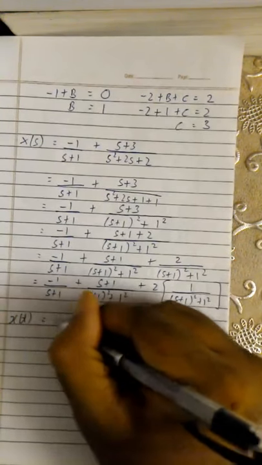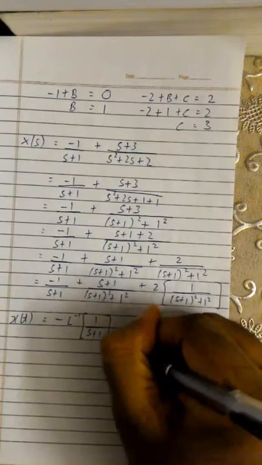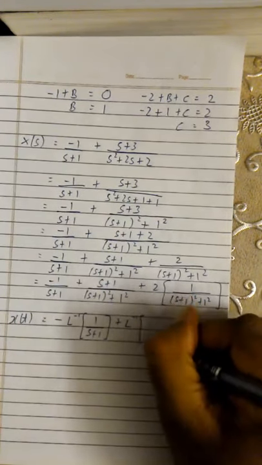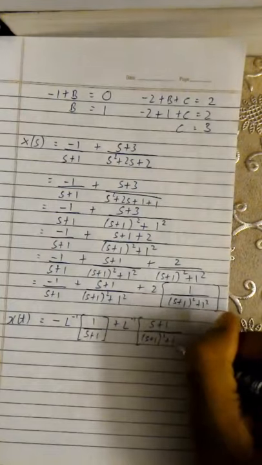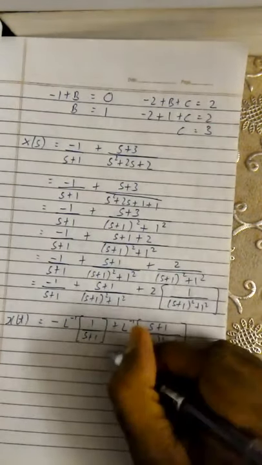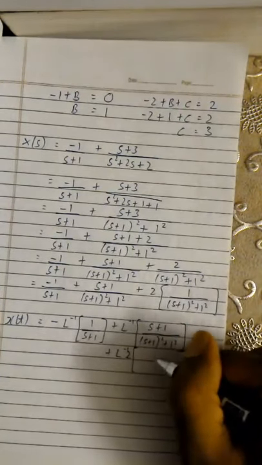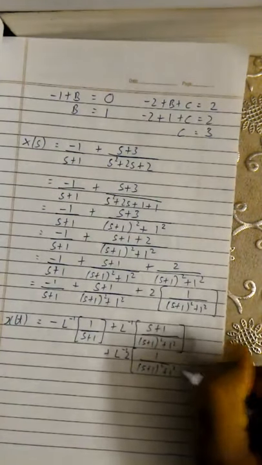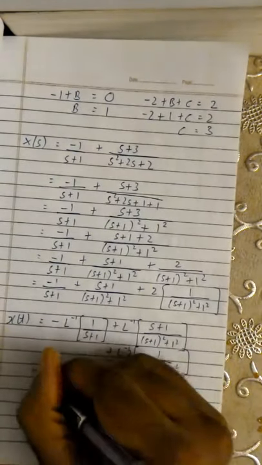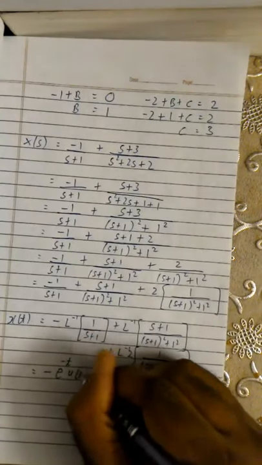So now if I take the Laplace inverse, this will become the Laplace inverse of 1 by s plus 1 plus the Laplace inverse of s plus 1 by s plus 1 the whole square plus 1 the whole square plus 2 times the Laplace inverse of 1 by s plus 1 the whole square plus 1 the whole square. The Laplace inverse of the first is e raised to minus t u of t.